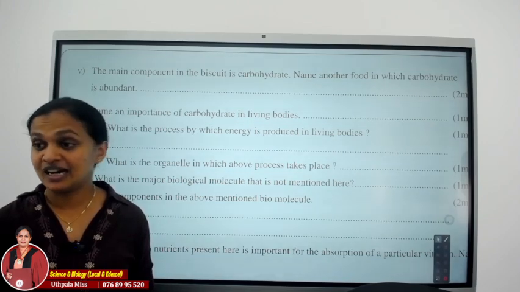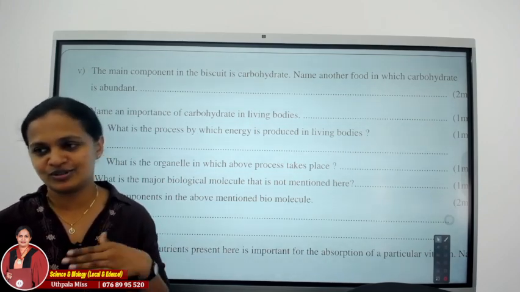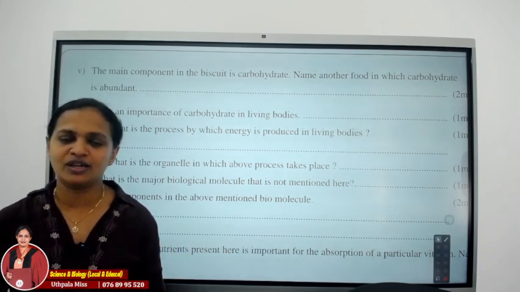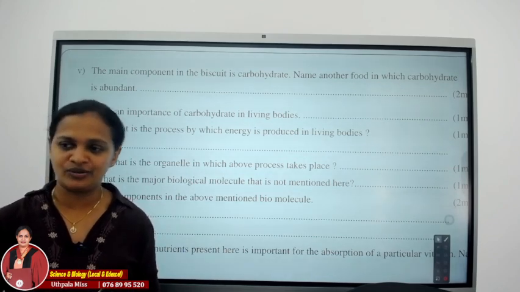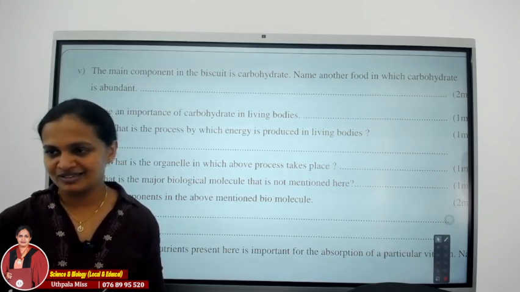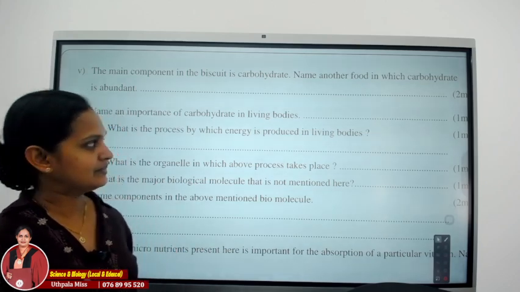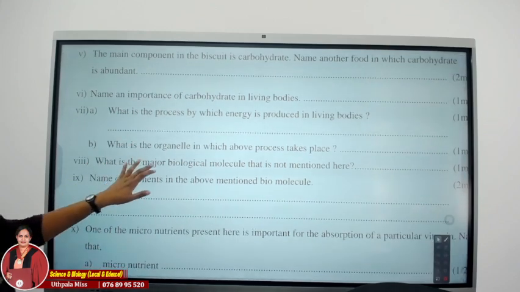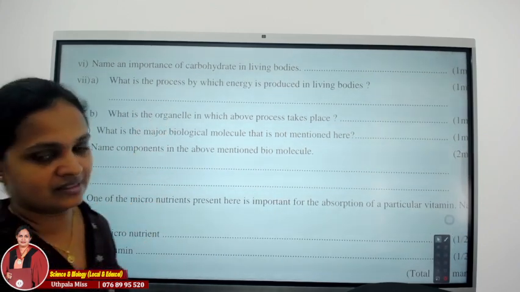Sugar is mainly sucrose, but it is also a type of carbohydrate. Then you can say manioc, breadfruit, jack. Name an importance of carbohydrate in living bodies.